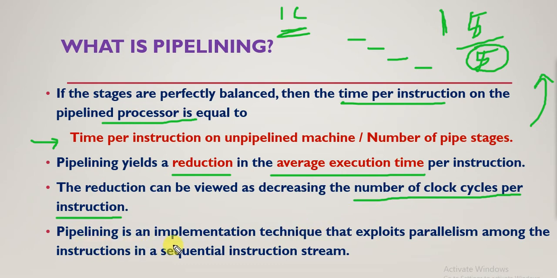Now pipelining is an implementation technique that exploits parallelism among the instructions in a sequential instruction stream. That is only a recap. If you have 100 instructions to be executed one by one and we implement parallelism, that is pipelining, it will exploit parallelism on these 100 instructions.